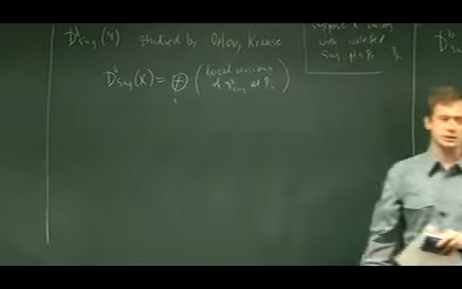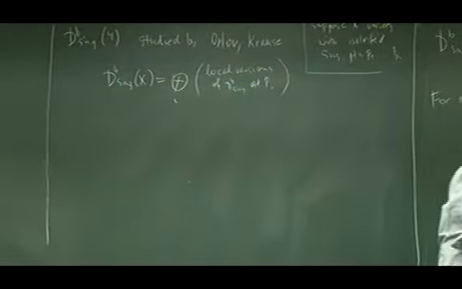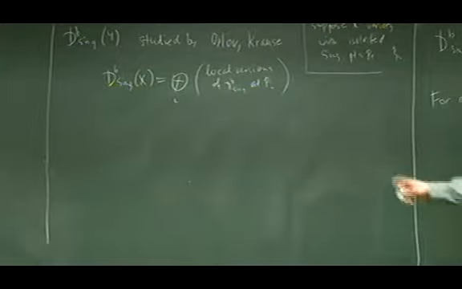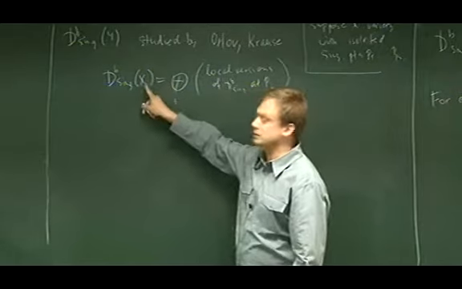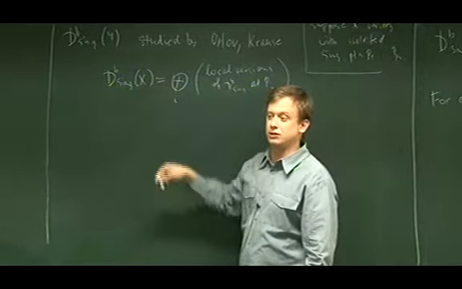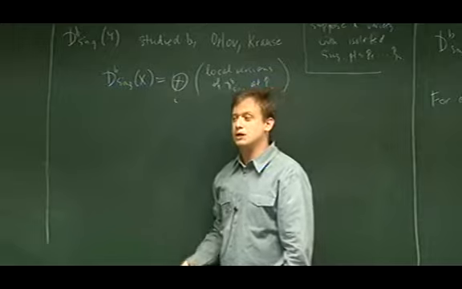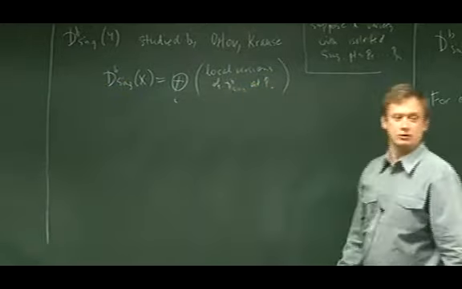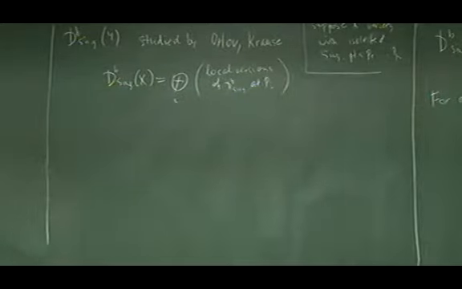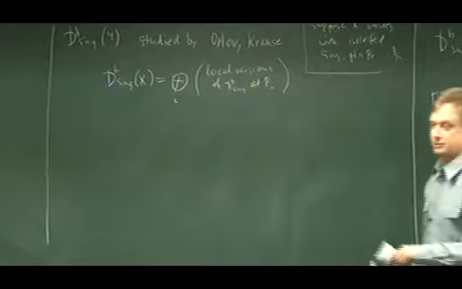Local versions in the sense that you can look at modules over the local ring of that point. For instance, if you pass to an open subset of X which contains all singularities and you throw out just smooth points, then such a thing doesn't change at all. So this is a category that's measuring precisely the information about singularities of X.